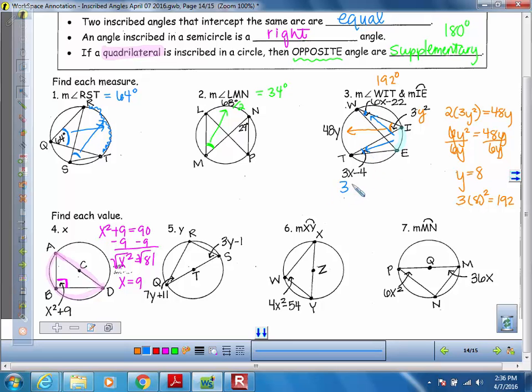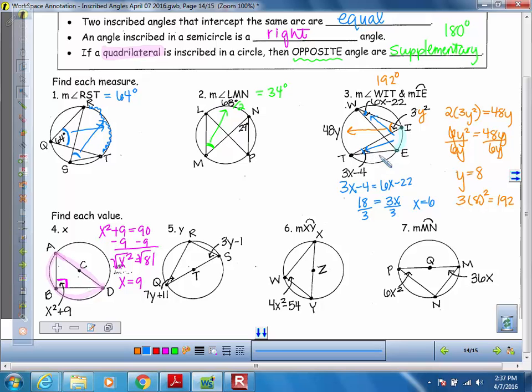You'd set them equal. So that gives us 3x minus 4 equals 6x minus 22. I could subtract 3x from both sides, and that would give me 3x equals, add 22 to both sides, and that'd be 18. We divide by 3. x would equal 6.